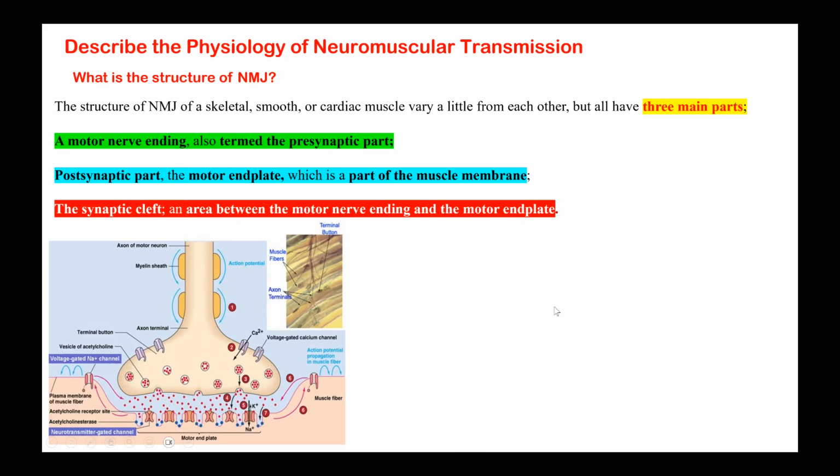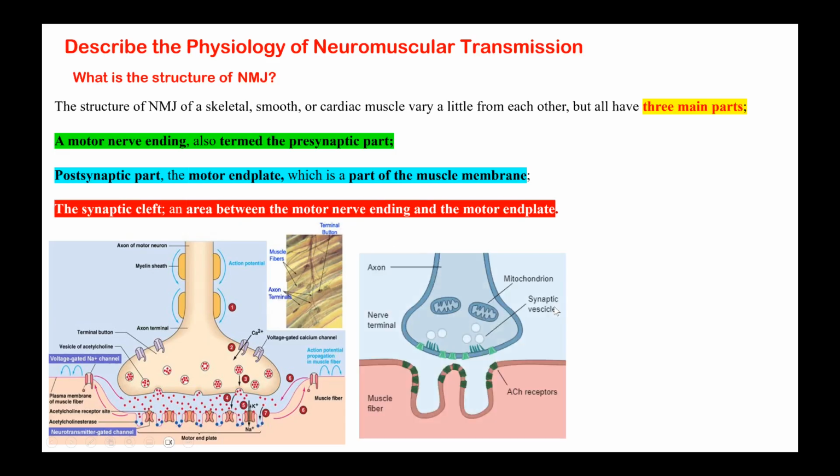Okay. So the next thing is, this is a mitochondria where the synthesis of acetylcholine happens. And this is a much simpler picture. These are all the acetylcholine receptors which are present here. And the cholinesterase will be here in this bottom portion. So this is the way the motor end plate is described in a small diagram.